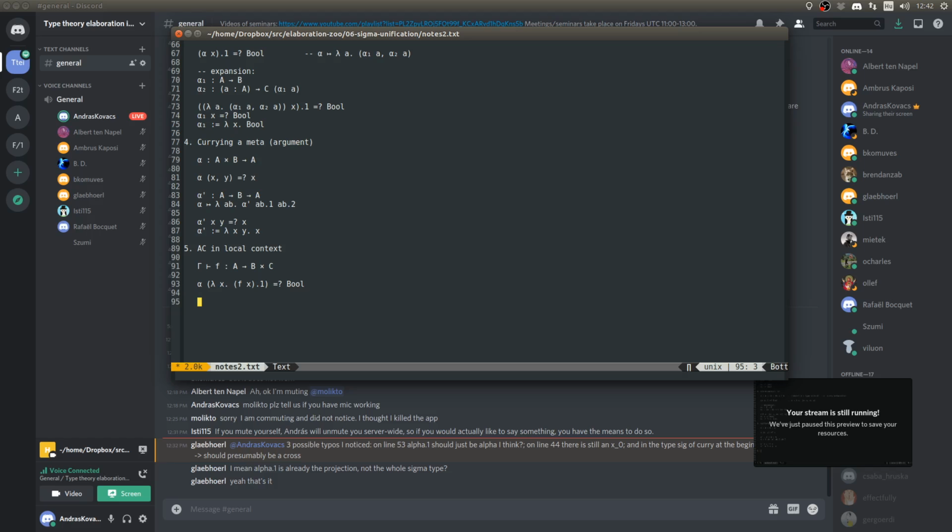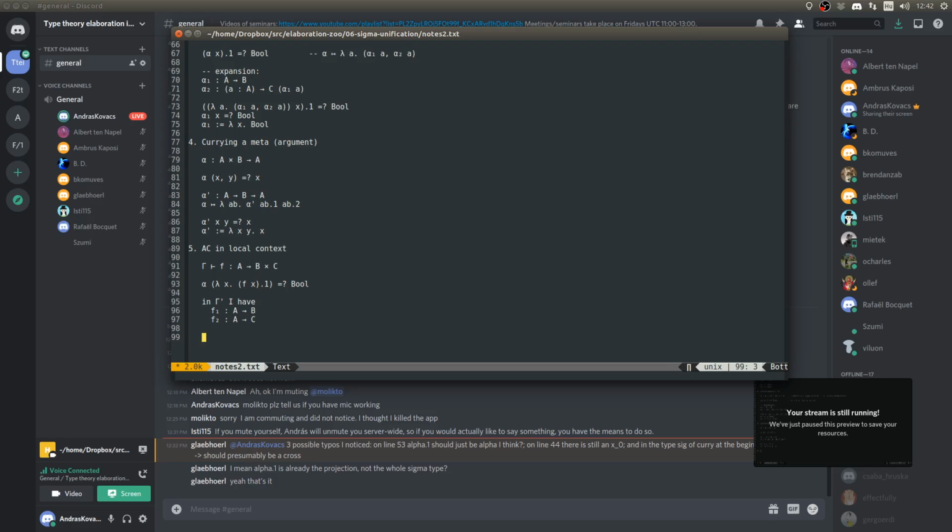Okay, so what I do is that I have F1 and F2, and F1 goes from A to B, and F2 goes from A to C. And I have a new gamma. So now in gamma prime, I have these two functions, and I have to do the substitution, and then f is substituted by lambda x dot f1x, f2x.